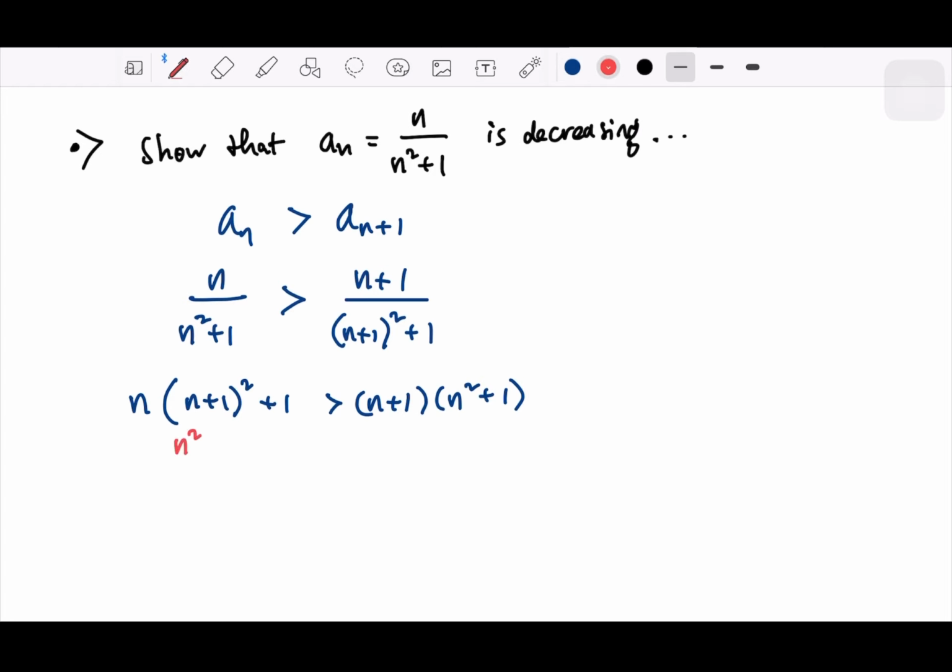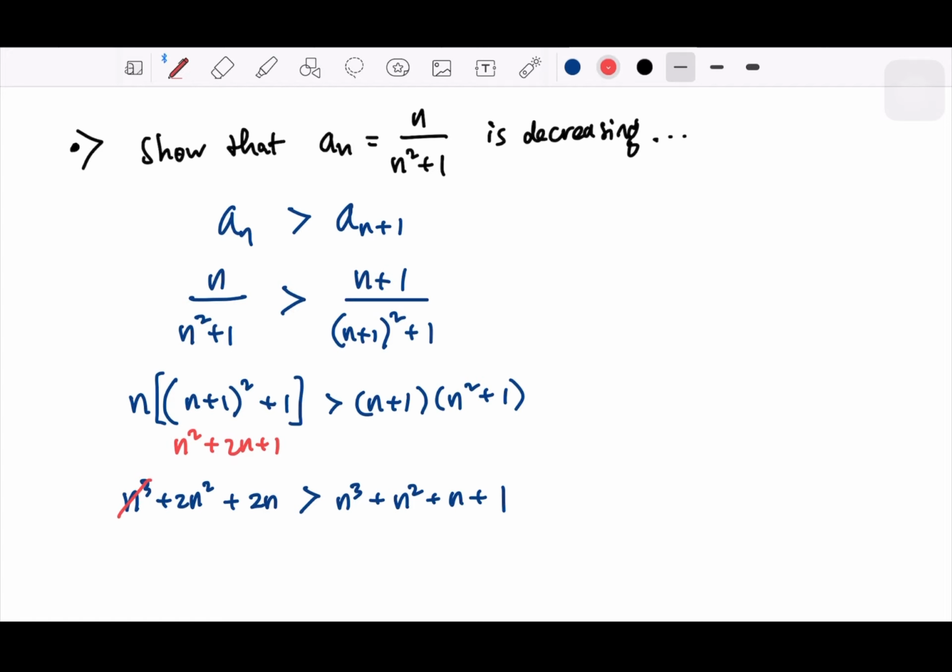This will be n squared plus 2n plus 1. And then we can solve this.